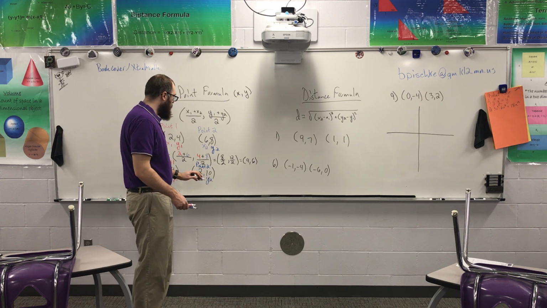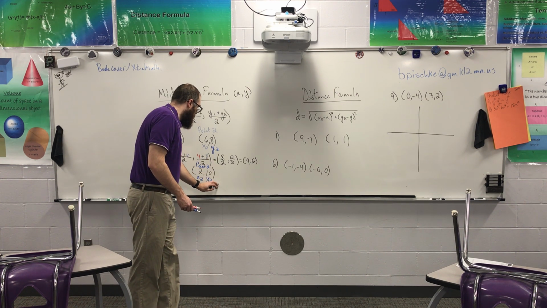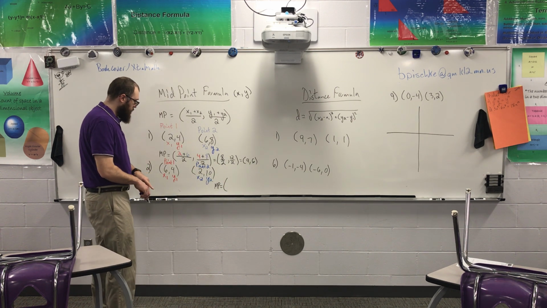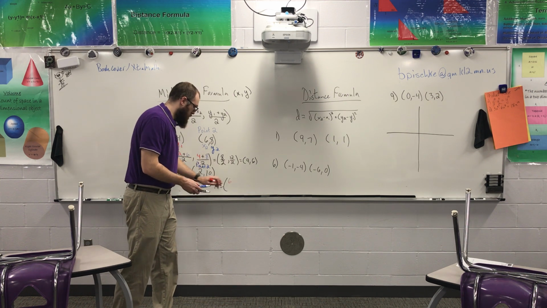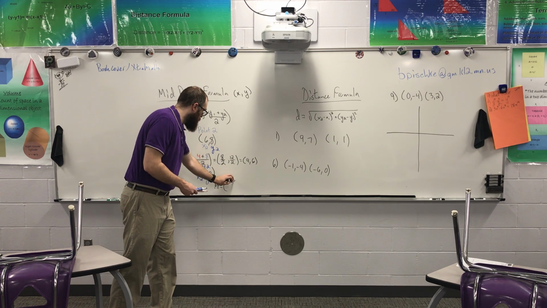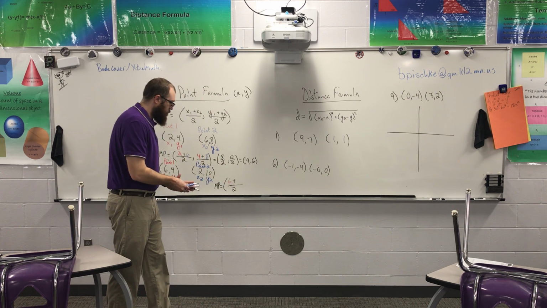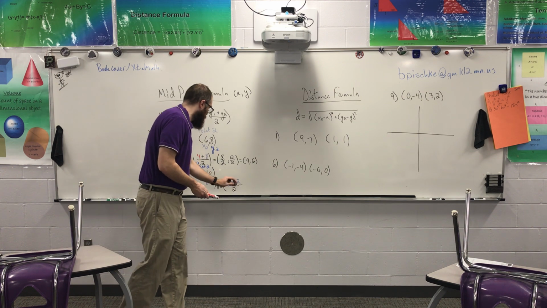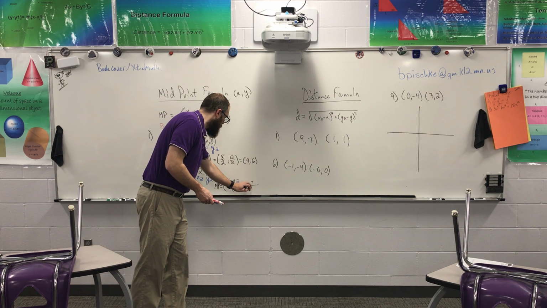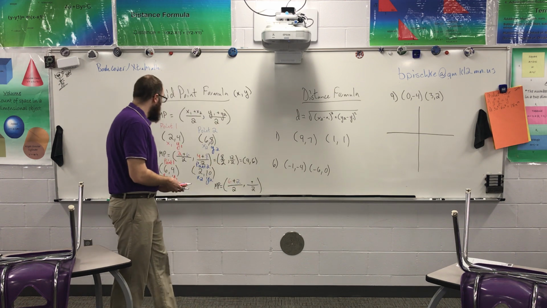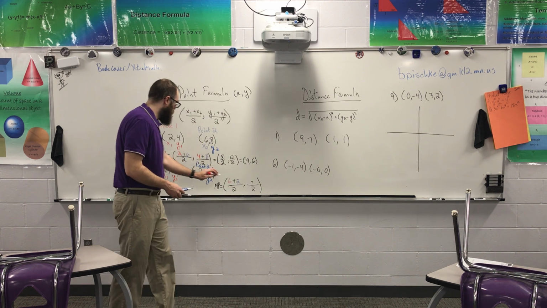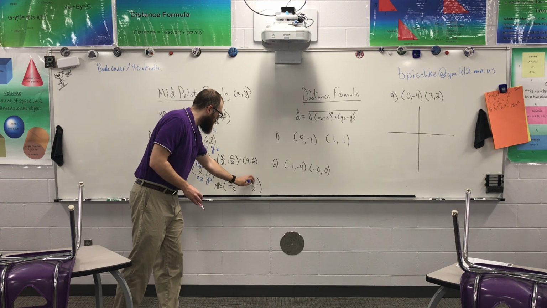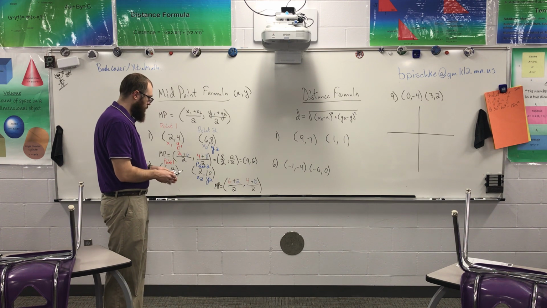Now we'll go ahead and put that in our formula. Our midpoint is equal to x1, 6, plus x2, 2, over 2, comma, y1, 4, and y2, 10, over 2.